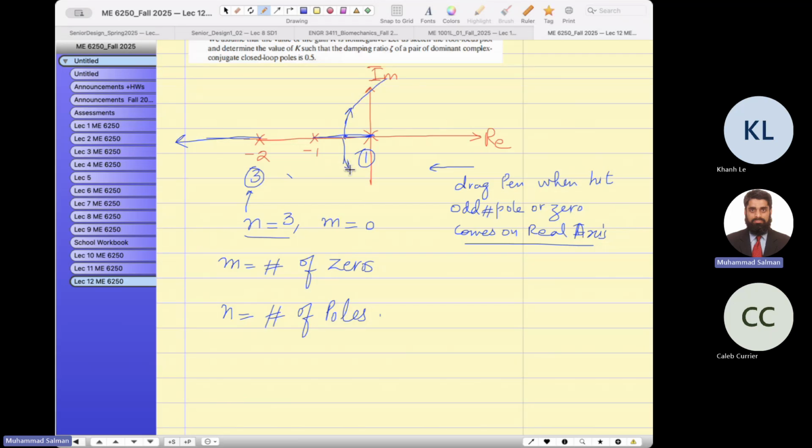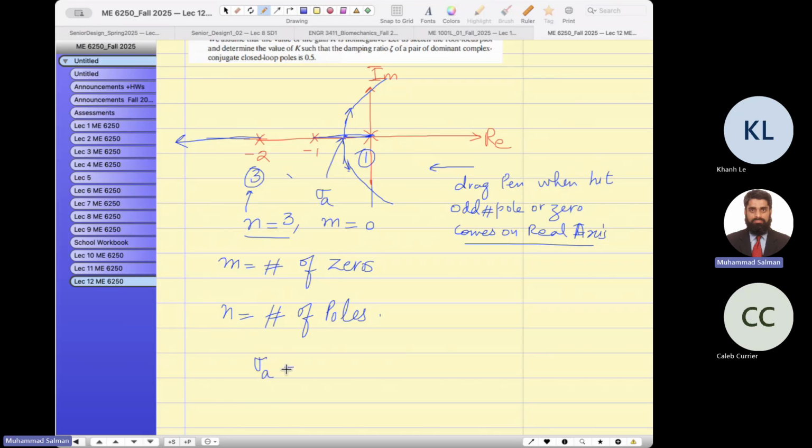How does it travel? Let me show you the way. So what is this centroid? This is known as sigma, the location of the centroid of the asymptotes. What are the asymptotes?